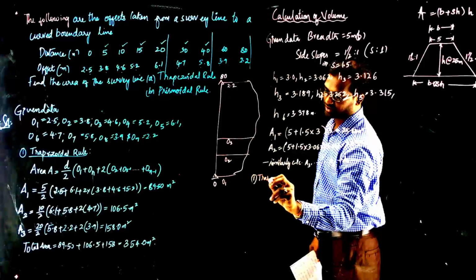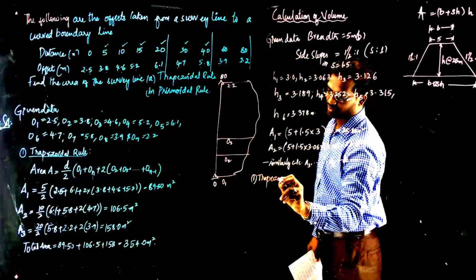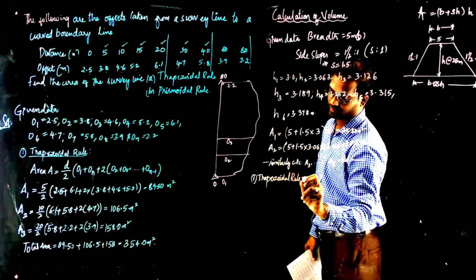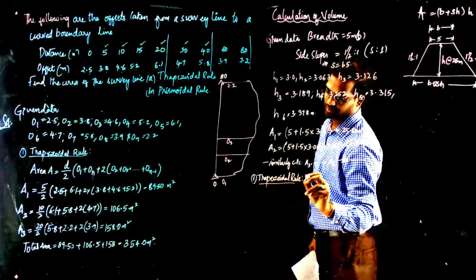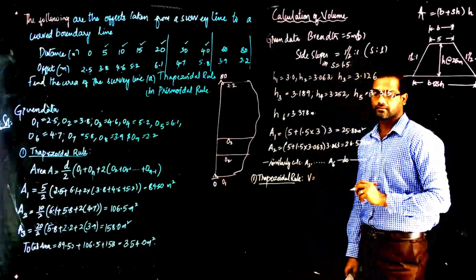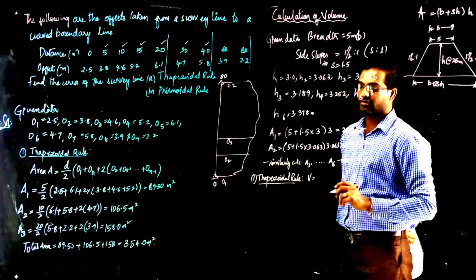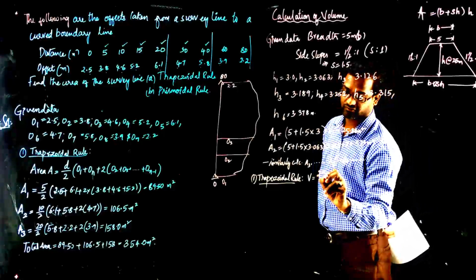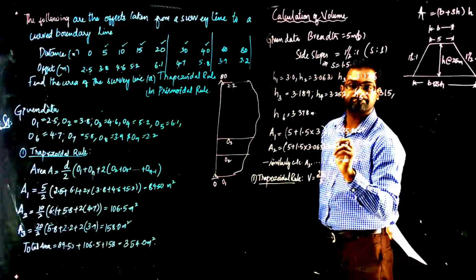trapezoidal rule first. Okay. So trapezoidal rule says volume is given by, right? Common distance divided by 2. We have a common distance of 25 meters.